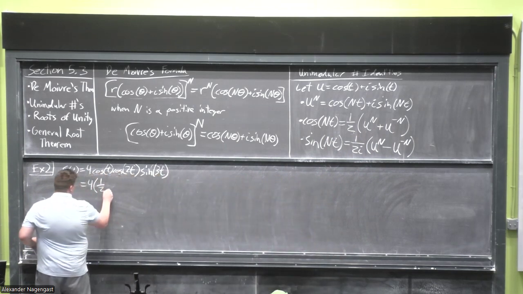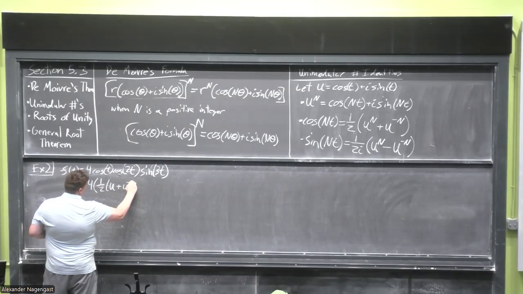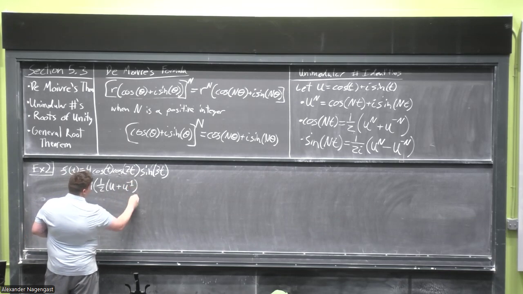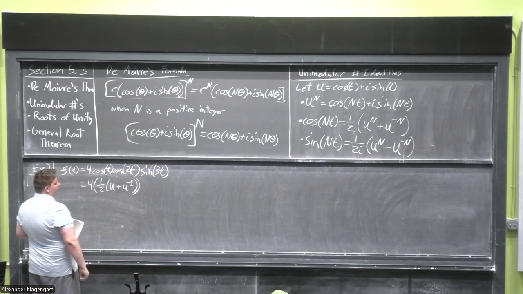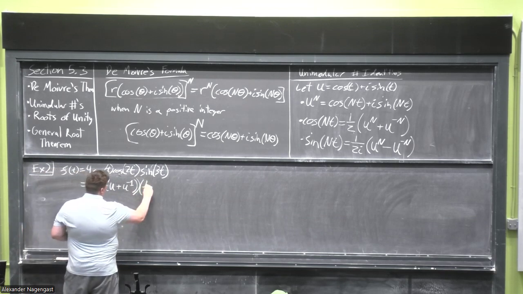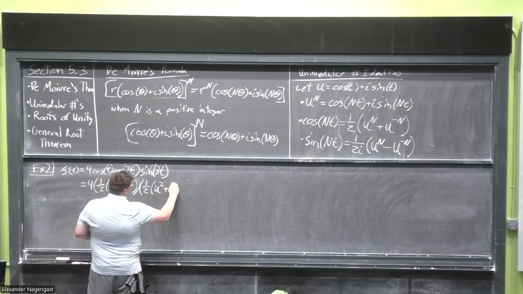Let's record that here, 1/2 times u plus u to the negative first. And now we're going to do the same with cosine of 2t, which gives us 1/2 times u squared plus u to the negative second.